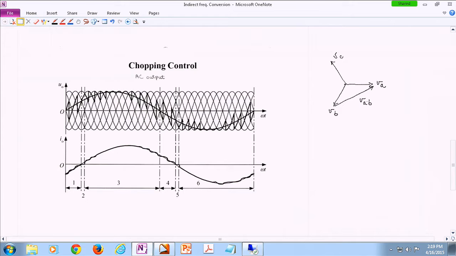Okay. So if you look at all of these 6 line-to-line voltages, the sequence of these are going to be, I'm just going to write them here. It doesn't really matter which one it is. So this is VAB.